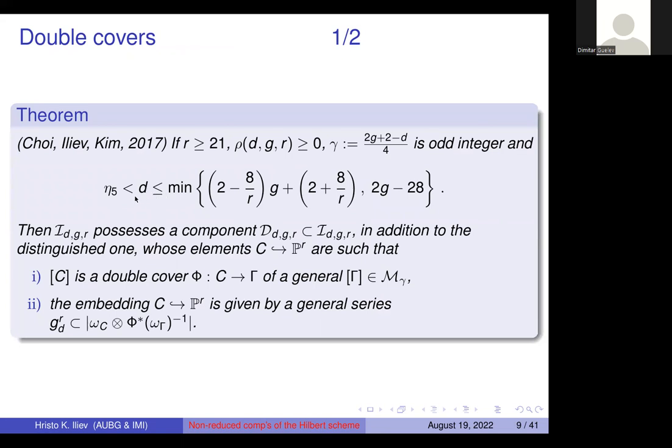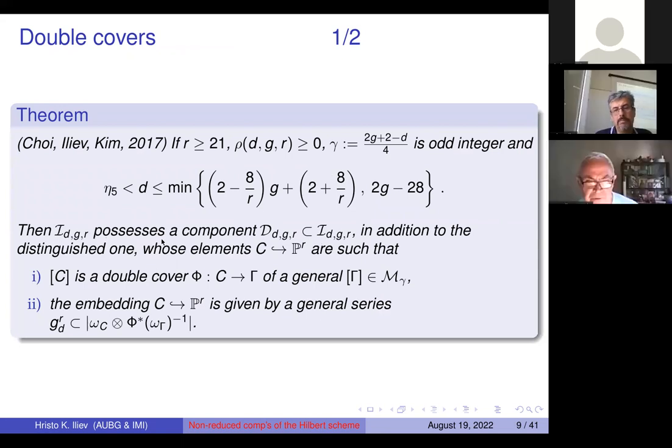If d is between a number that I have here just denoted eta 5, I can make this more specific if I have to, and another number that you see here on the right, then I_{d,g,r} has an additional component in addition to the distinguished one. And the points of this component are in fact curves that are double covers of curves of genus gamma, provided indeed that these numerical conditions that I have here are satisfied.